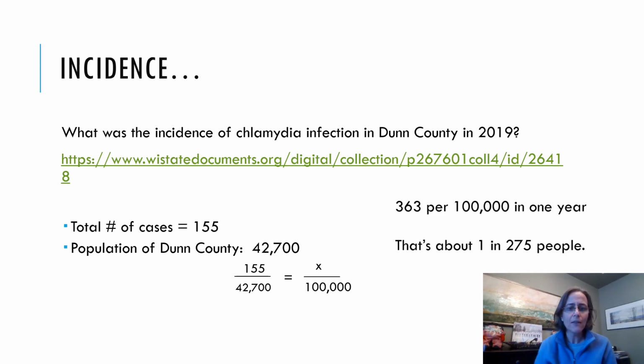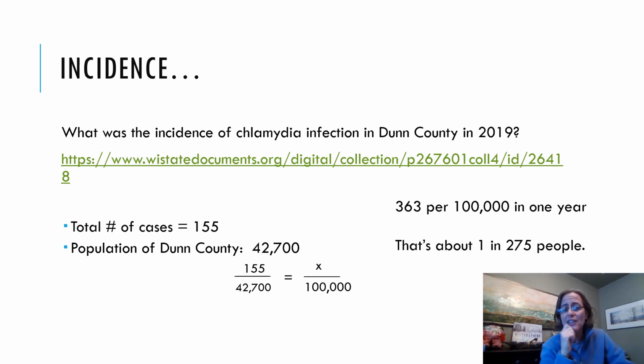So we like to look at out of 100,000 people. So if we do the math, we will find that that's 363 per 100,000 people in 1 year, which is about 1 in 275 people. But now you might remember from our earlier lecture as well that different risks appear at different stages of the lifespan.